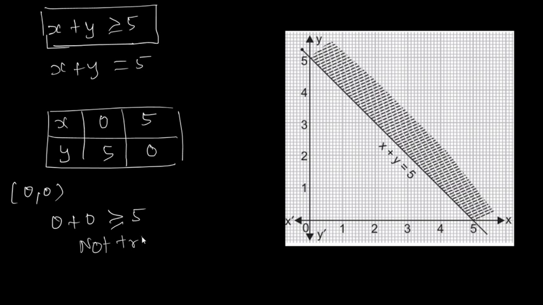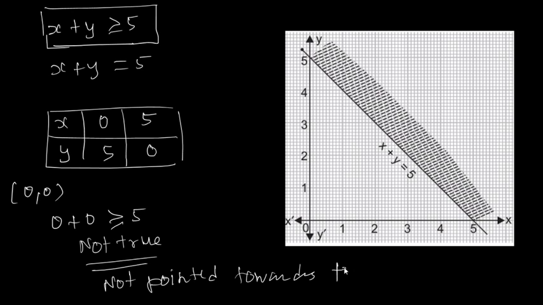So the region is not pointed towards the origin, that is 0, 0. So we have to draw the remaining half above, and not that one.